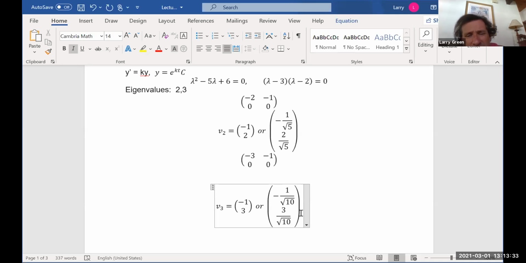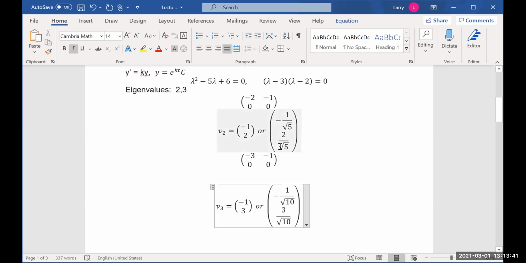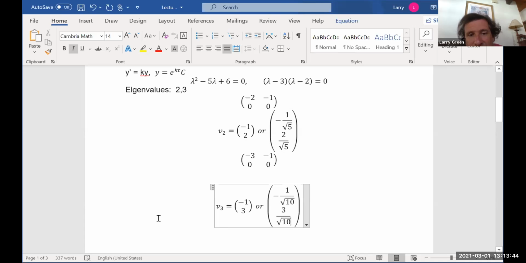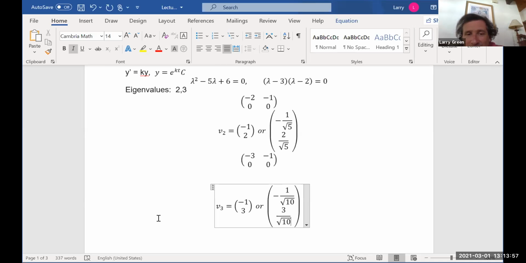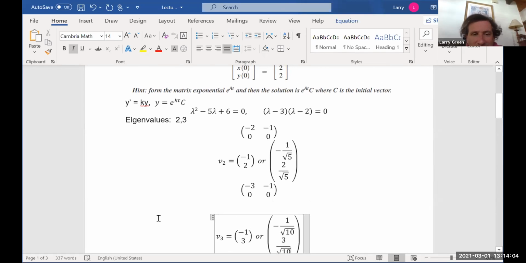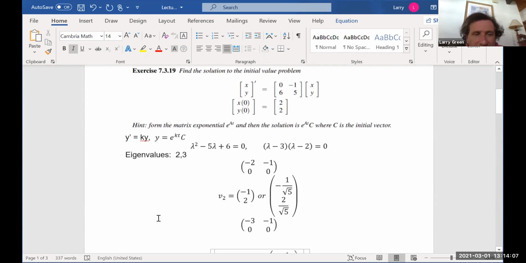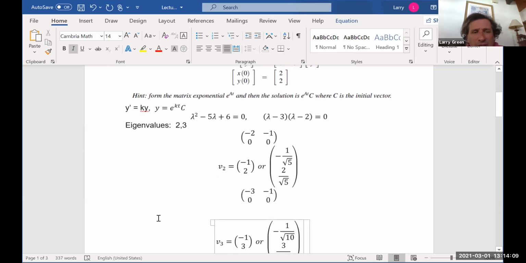Okay. Are these orthogonal, by the way? V2 and V3? Yeah, they don't look very orthogonal, do they? If I dot them, I get 7. Any questions on that? So what happened? Why are they not orthogonal?